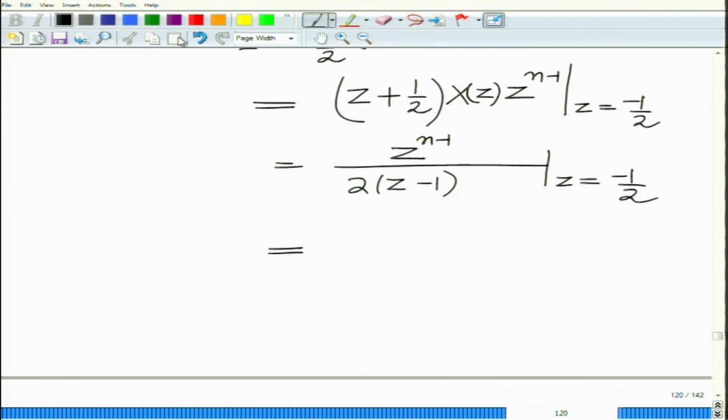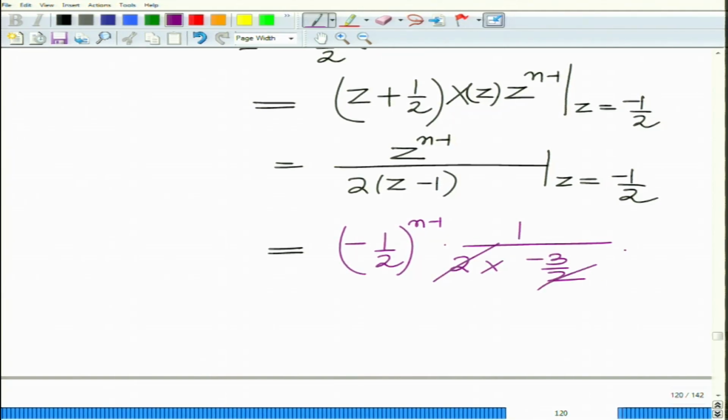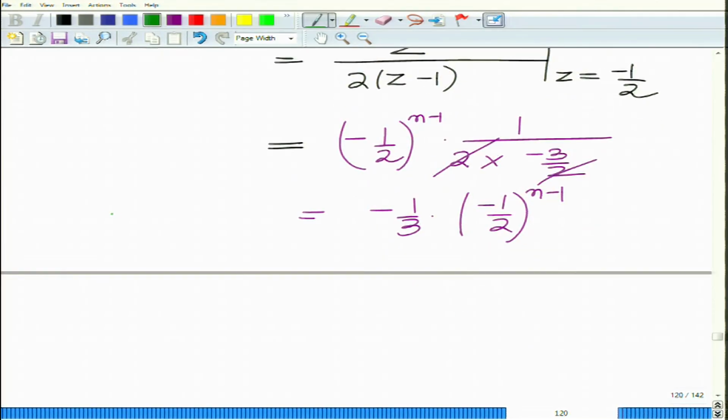So, this will be your z raised to n minus 1, (minus half) raised to n minus 1 over (2z minus 1), (2 into minus half minus 1), that is minus 3 over 2. So, this is basically minus 1 by 3 into (minus half) raised to n minus 1, and this is the residue at z equal to minus half.